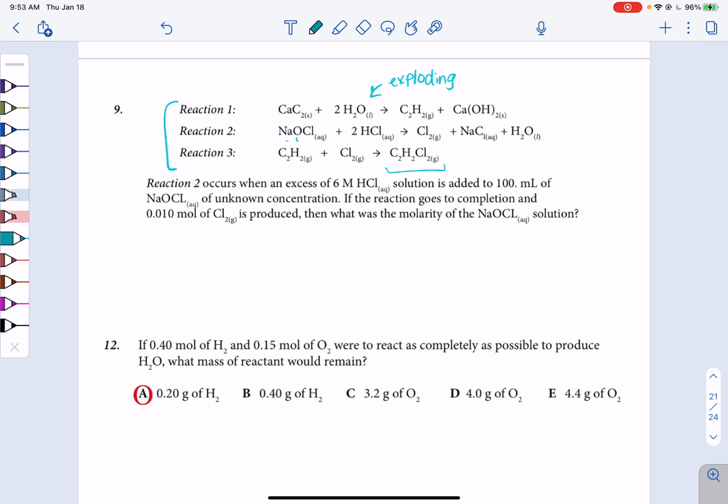Okay, so reaction 2 occurs with an excess amount of hydrochloric acid, of 6 molar, and is added to 100 mils of NaOCl of unknown concentration. If the reaction goes to completion and 0.01 moles of chlorine is produced, then what was the molarity of the NaOCl?